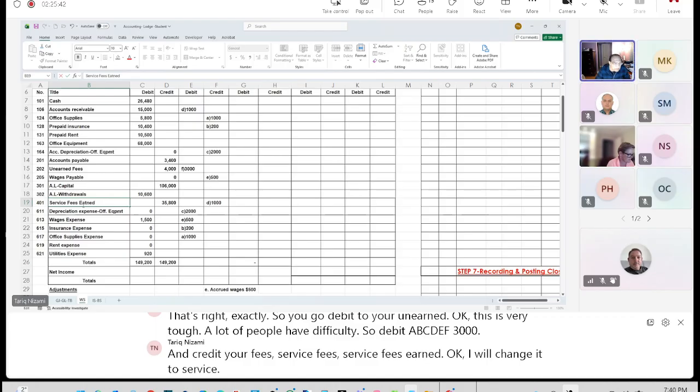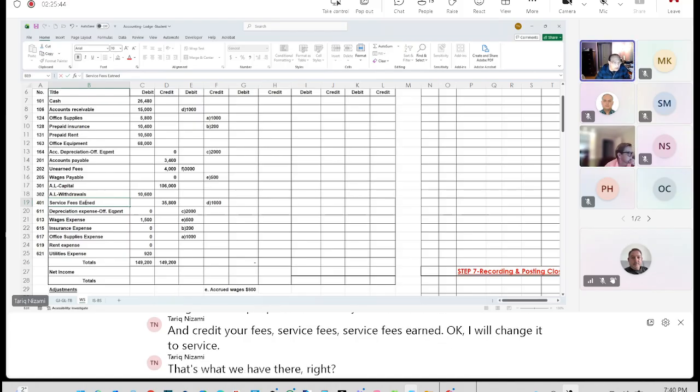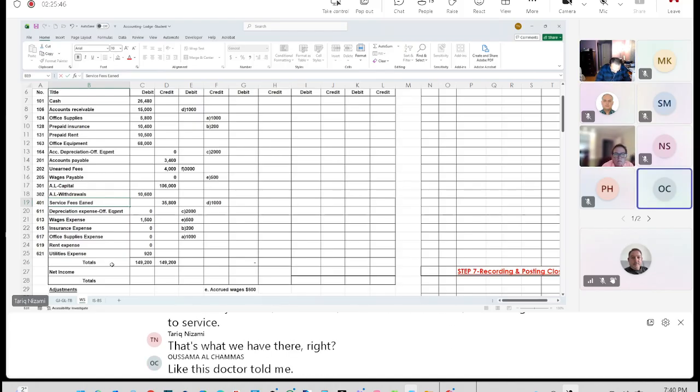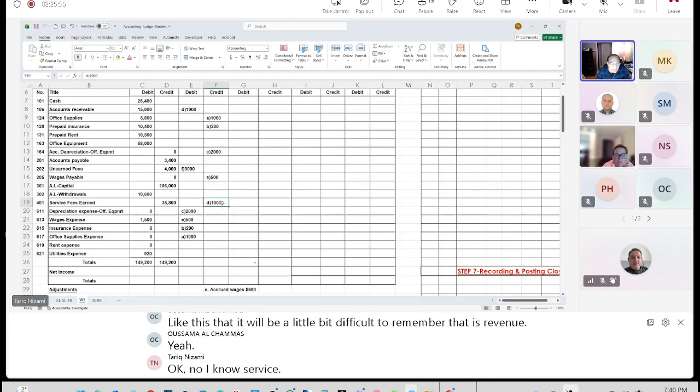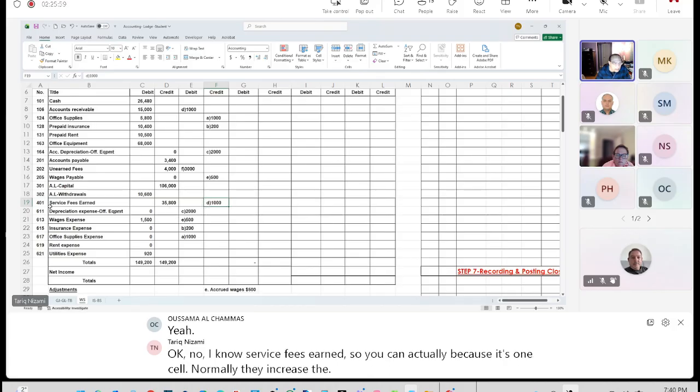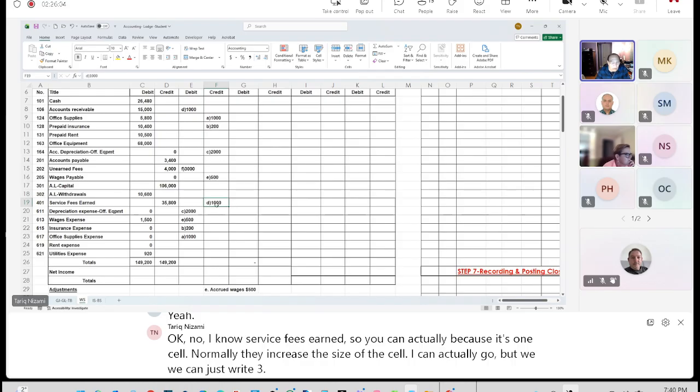That's what we have there, right? It will be a little bit difficult to remember. It is revenue. It's service fees earned, so because it's one cell, normally they increase the size of the cell. But we can just write 3 plus 1, 4 together.